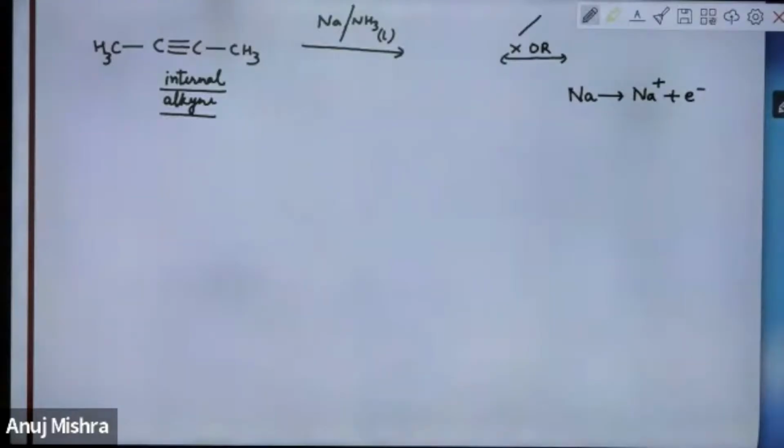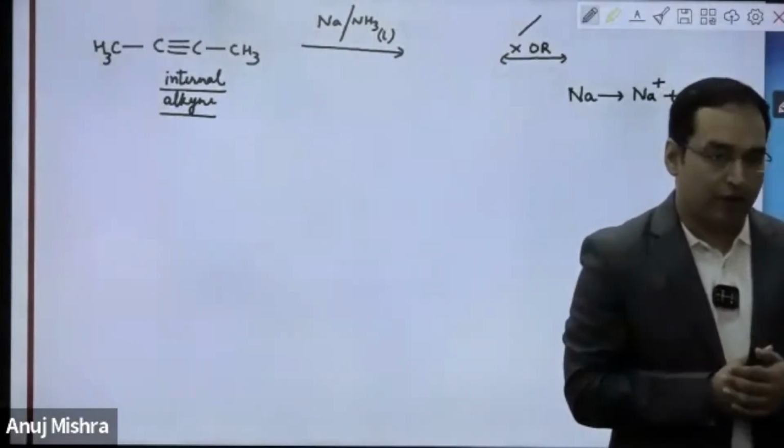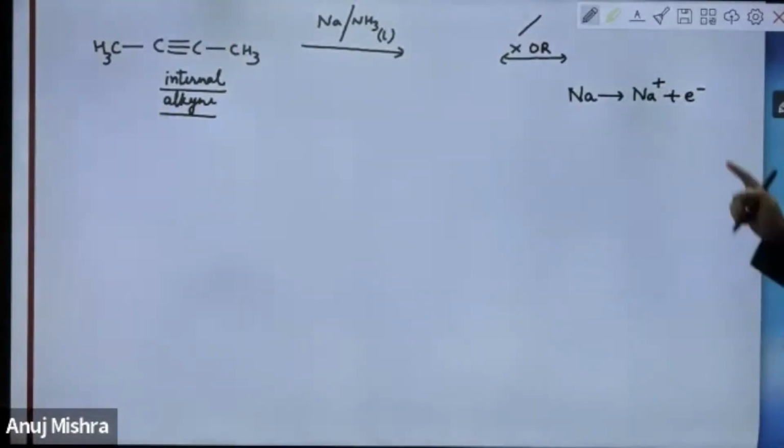Chinmay? What energy is that? No, ionization energy. Electron gain enthalpy is the opposite: an isolated gaseous atom gaining an electron, and the energy released is called electron gain enthalpy. So this is ionization energy we are talking about.